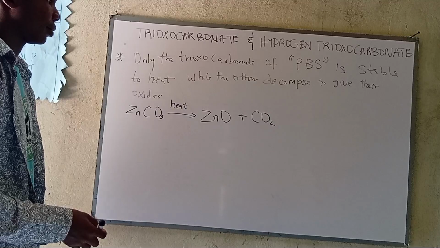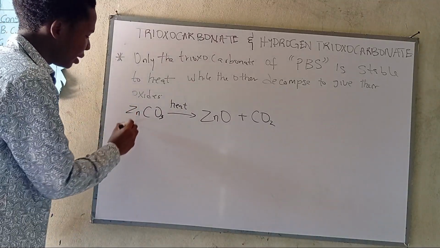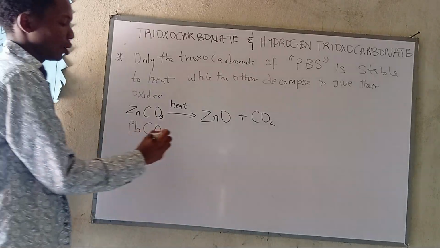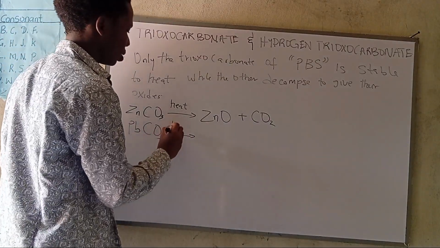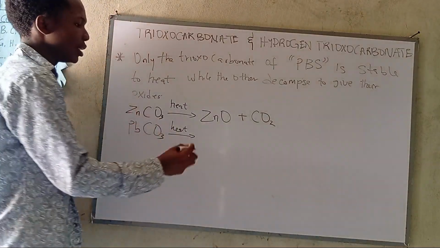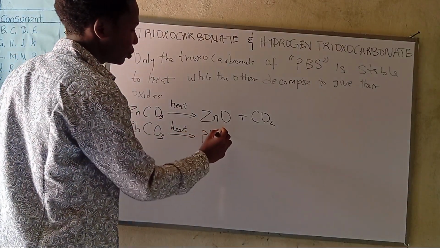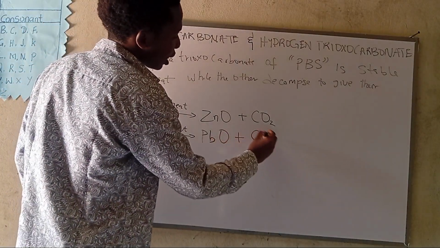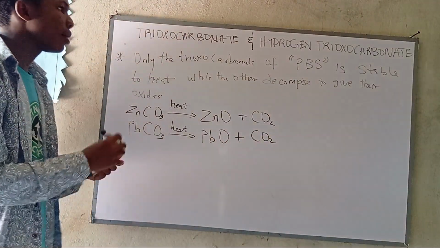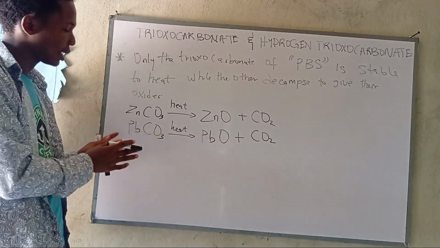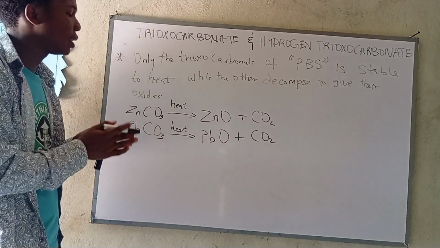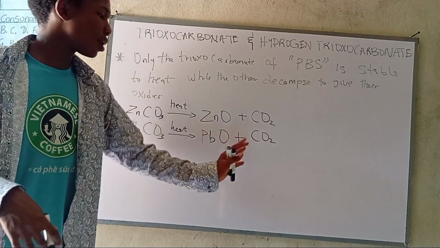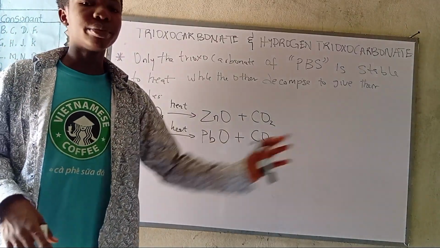Also lead trioxocarbonate, on heating, gives its oxide. So you see what I mean: zinc and lead trioxocarbonates, on heating, give zinc oxide and lead oxide and liberate CO2.